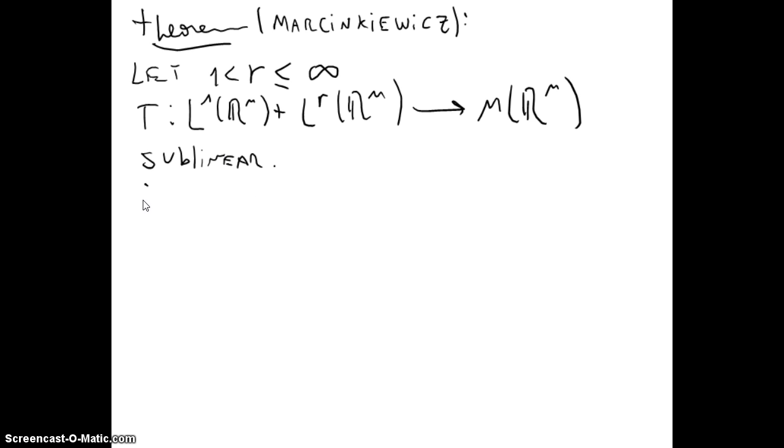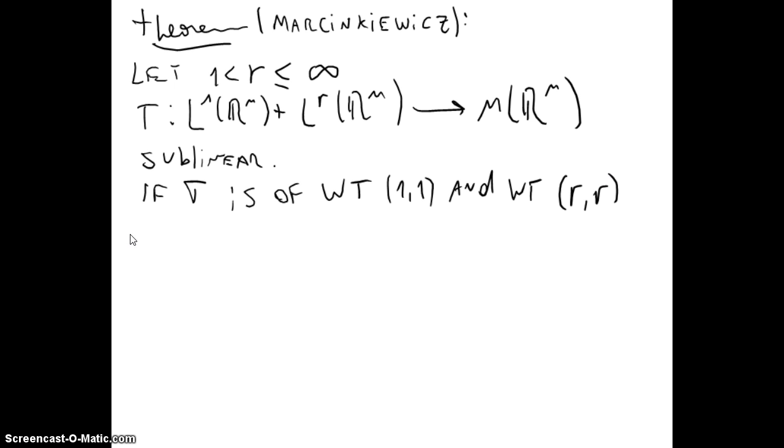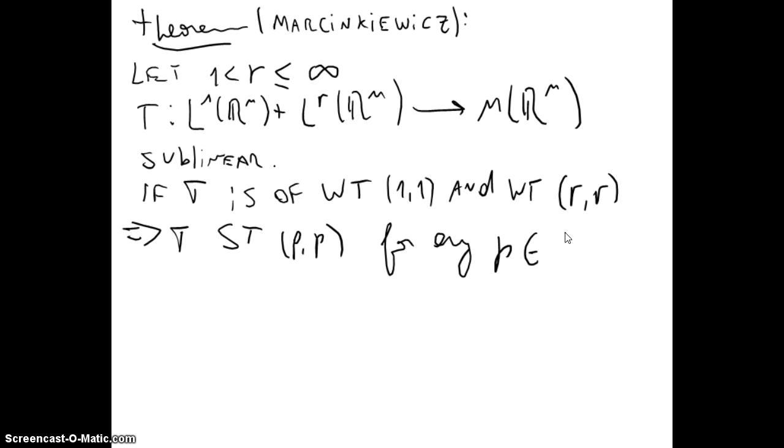If T is of weak type (1,1) and weak type (r,r), then T is of strong type (p,p) for any p in (1,r).